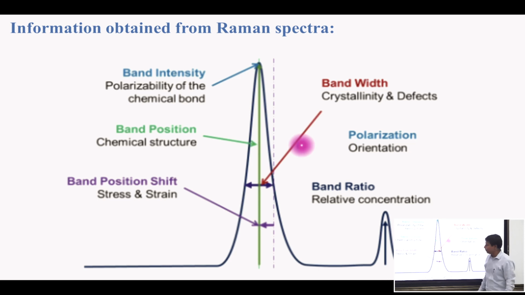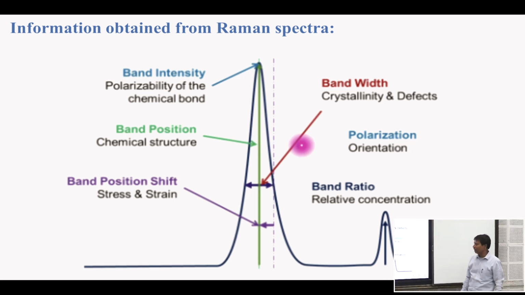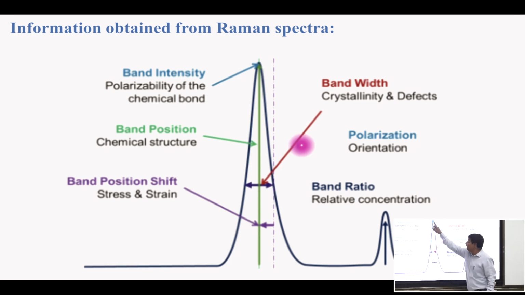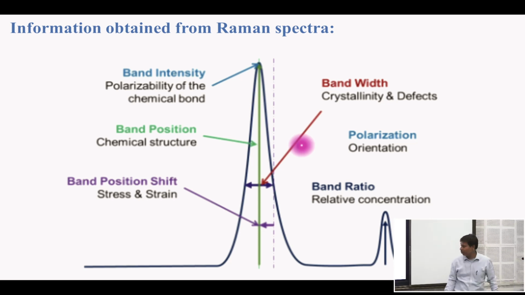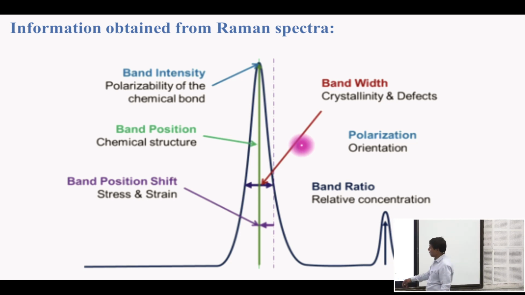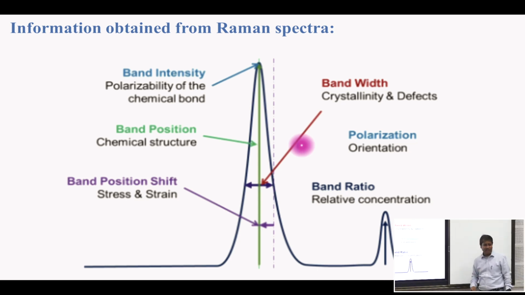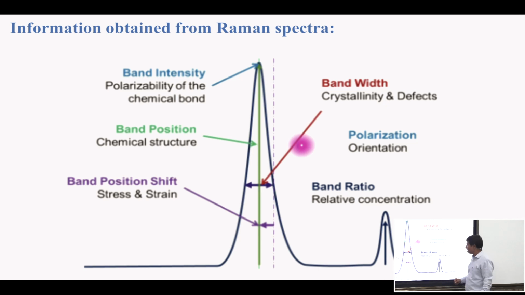From the band position, you can understand the chemical structure. From band shift, say you have the original band here and then it shifted here, then you can find out the stress-strain profile also. Band width will tell about the crystallinity and defects. You can talk about the polarization, orientation, and the band ratio. If you have 2 bands, their ratio will also give you the relative concentration.